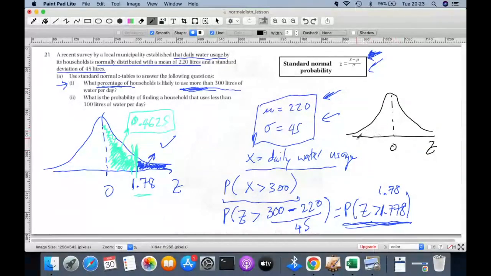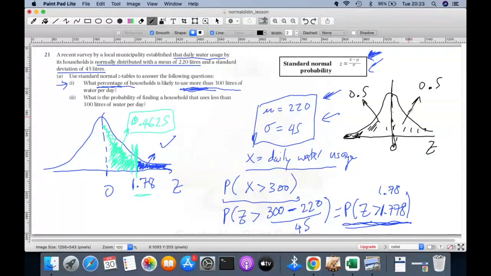Remember, the area is probability, so you'll never get a value greater than 1. The entire area of this curve sums up to 1. It's symmetrical, so the line at 0 splits it exactly in half. Everything on the right is 0.5, and everything on the left is 0.5, because the total area must be 1.